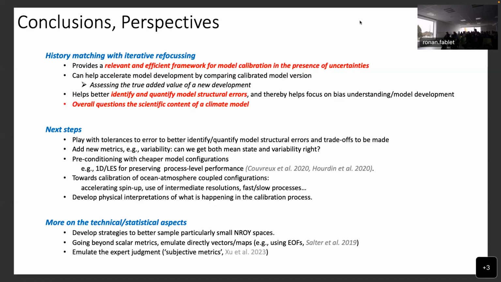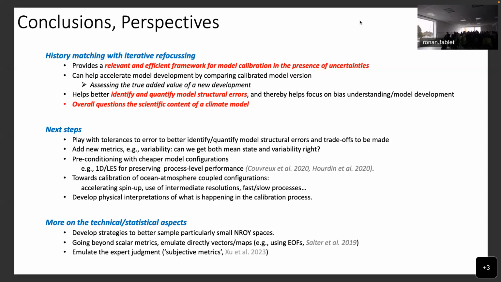The method also provides a framework to identify and quantify model structural error, and this is interesting for model development, to help focus model developers on that. And overall, it questions the scientific content of the climate model.